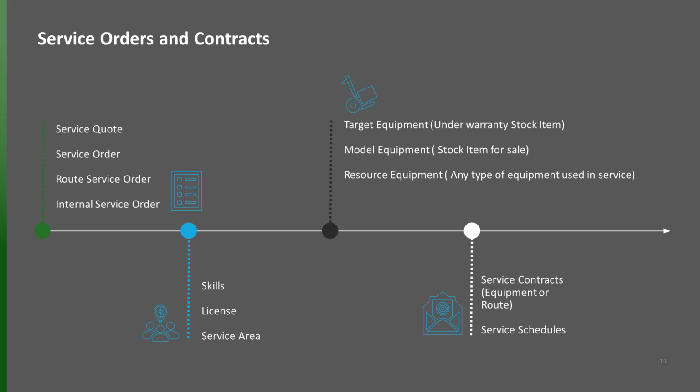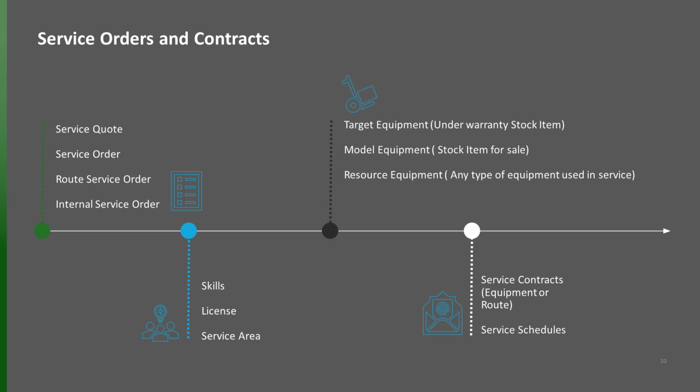So the core concept of service management is to manage service orders in the system. A service order can be a quote, a normal service order, a route service order, or it can be an internal service order. A quote is a sales quote which can be turned into a service order at a later point in time.